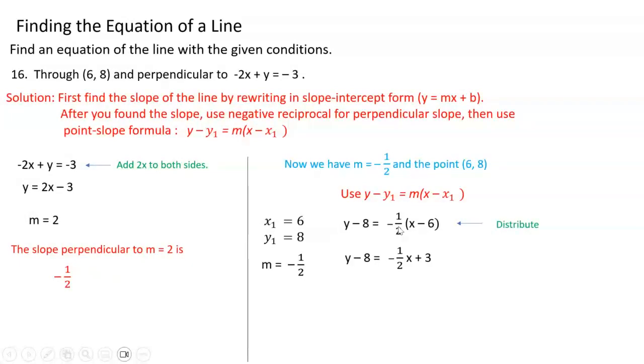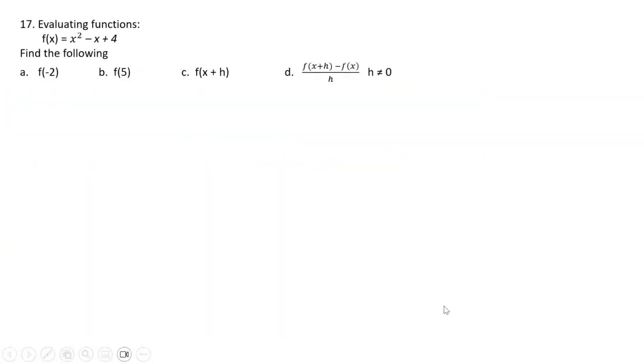So y minus 8, and then we multiply negative 1/2 times x, which gives us negative 1/2 x. Then we multiply negative 1/2 times negative 6, which gives us positive 3. Now we add 8 to both sides. So here's my answer, y equals negative 1/2 x plus 11. You can use the other method that I showed you, b equals y minus mx, but I believe in this PowerPoint I didn't use it. Okay.